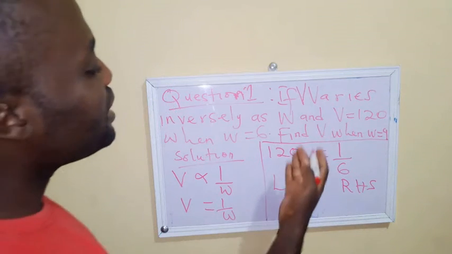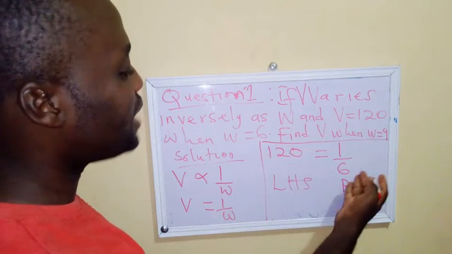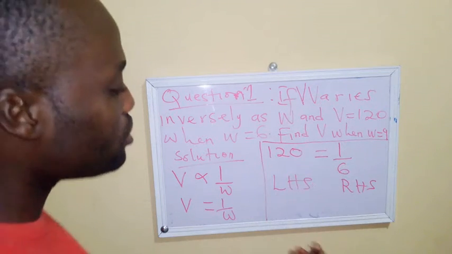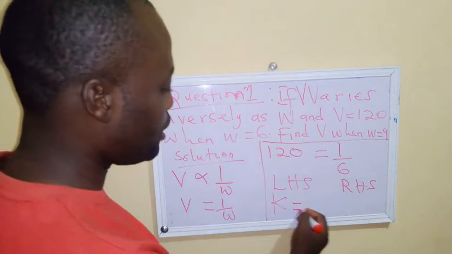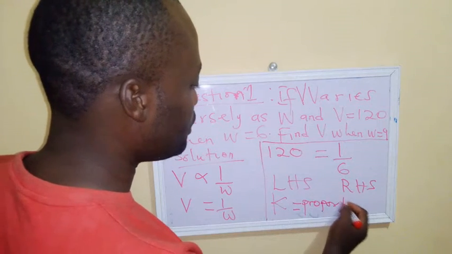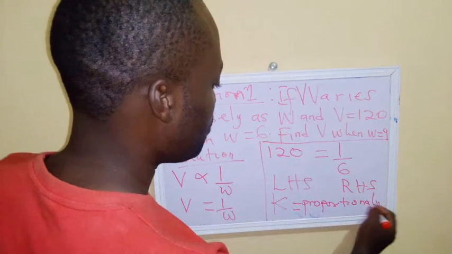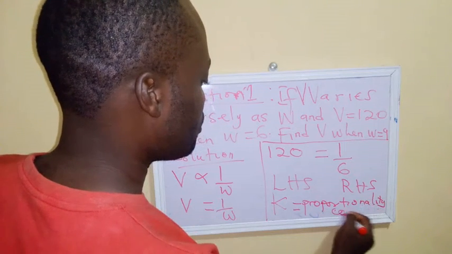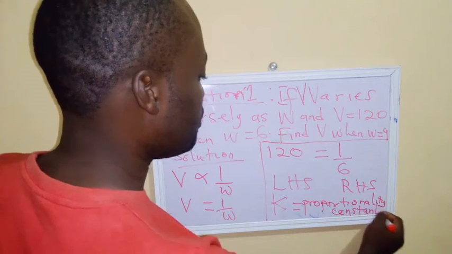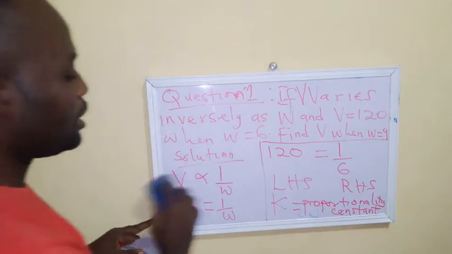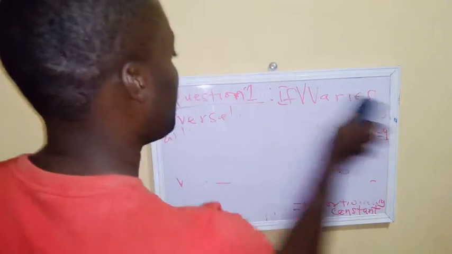So in order to make the left hand side equal to the right hand side, we have to multiply the right hand side by a constant K that we call proportionality constant, so that the right hand side can be equal to the left hand side.